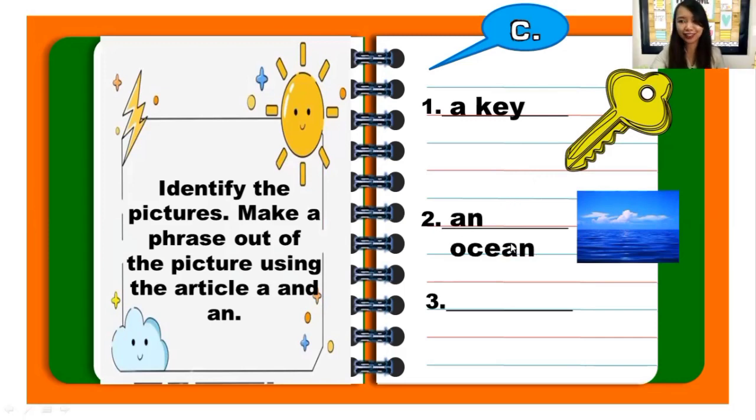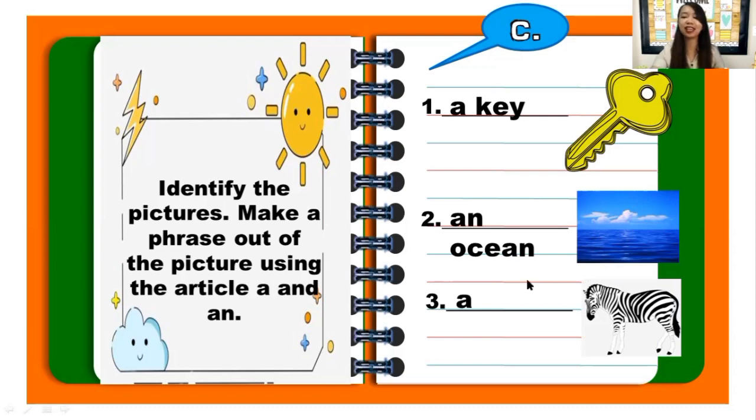an ocean. And we use an ocean because ocean starts with a vowel letter, which is O. And for the third picture, what's this? What do we call this? Animal? Okay, the answer is a zebra.